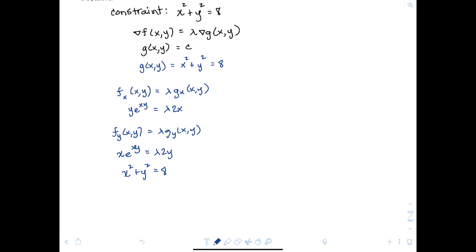So putting this all together, if we were to isolate lambda in each of the equations that have lambda, what would we get? From this one, lambda would equal y e to the xy over 2x, and from this one, lambda would equal x e to the xy over 2y.